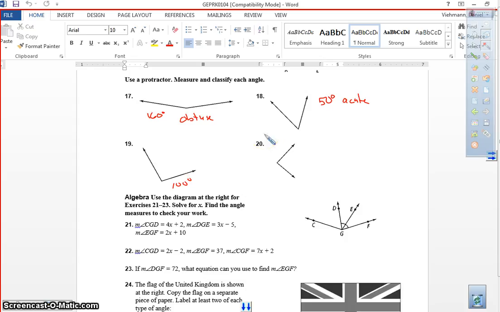All right, so if it's 100 degrees, what does that make it? Obtuse angle, good. All right, number 20, what did you get? It's 90 degrees. So that is a right angle. All right, good, nice job.